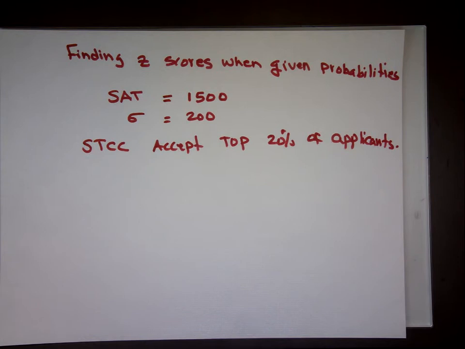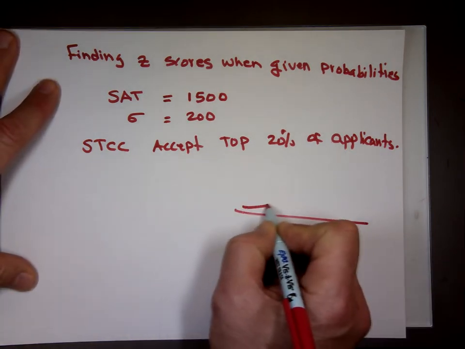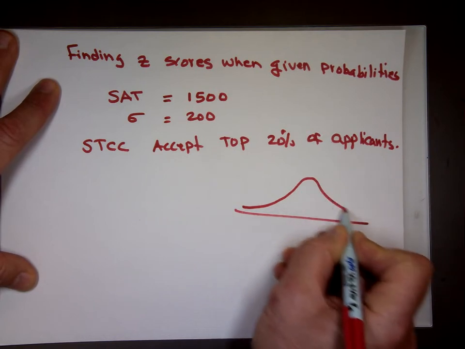So what is a score that you need to get into Springfield Technical Community College? What score do we need? So this is STCC. For people who don't know us on the video, we're a community college in Western Mass, tiny school.